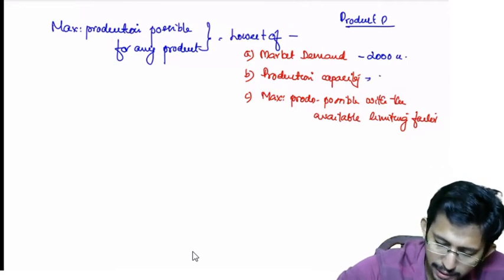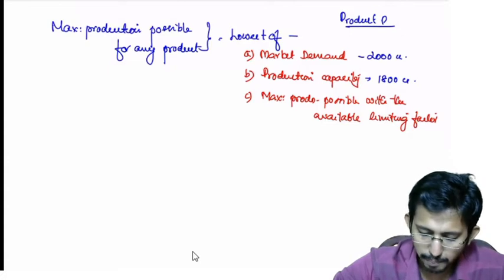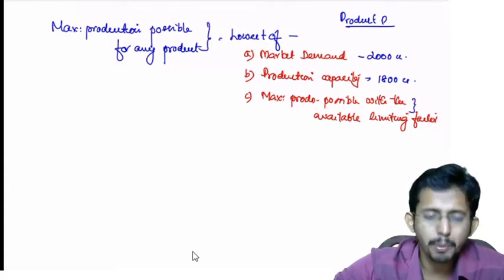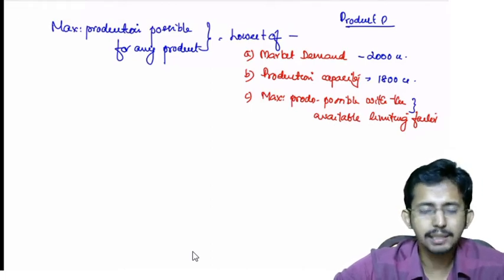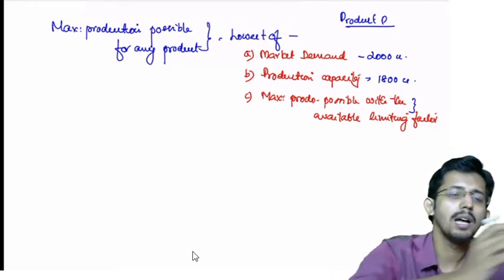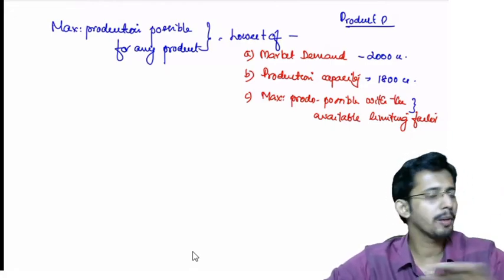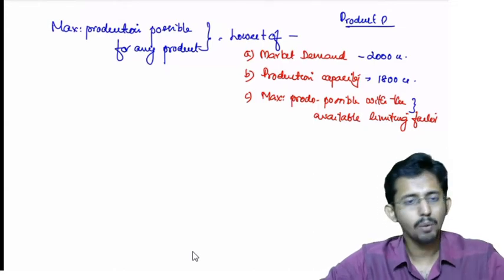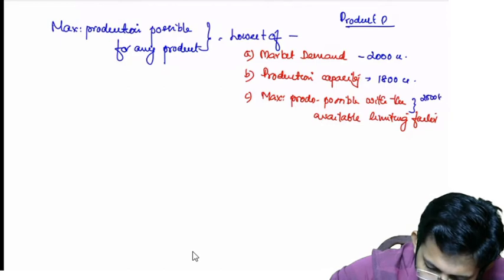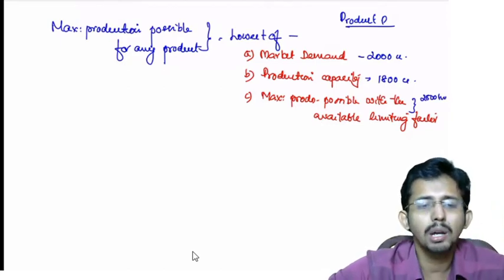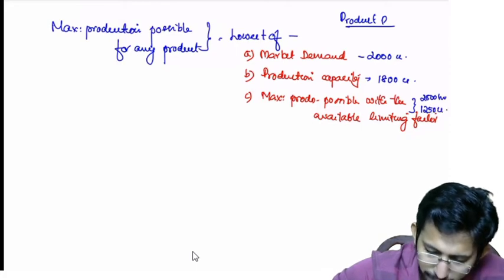Then production capacity is 1800 units per month. But for producing this particular product P, we require the use of a particular machine, and this machine is currently used for producing some higher ranked products, say product A, B, C, D. And after producing those higher ranked products, what surplus is available is only, let us say, 2500 hours, and using this 2500 hours, you are able to produce only 1250 units.